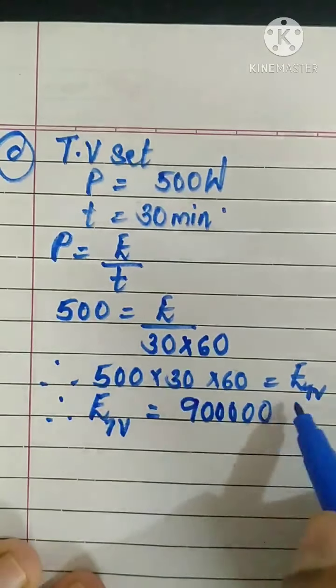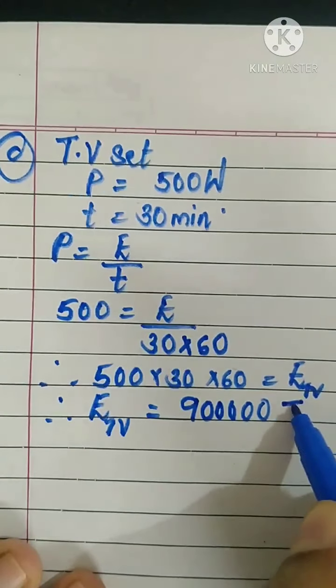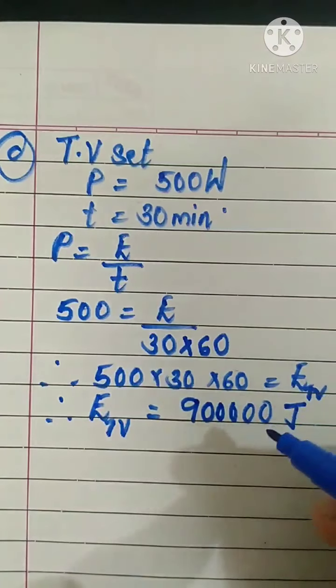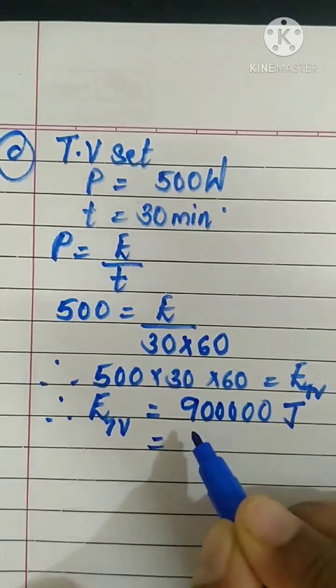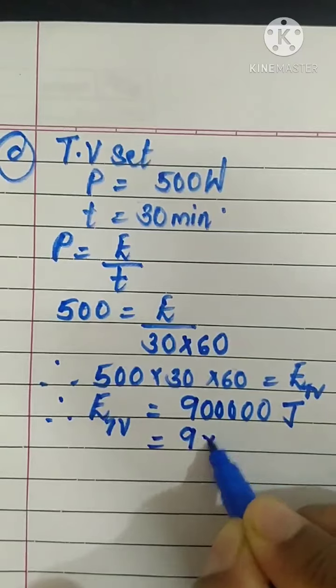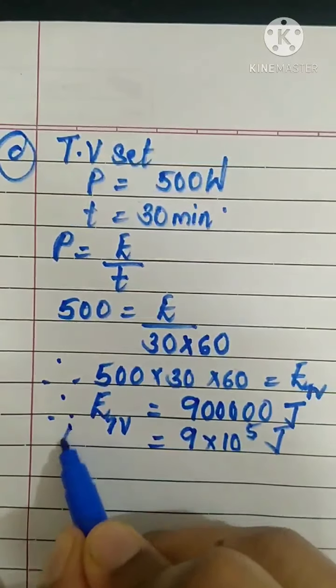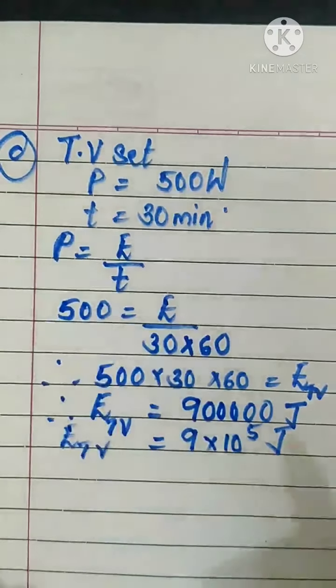What is this? Energy in joules, remember? So, such a big number, I don't like to write it this way. So I'll write it as 9 into 10 raised to 5 joules. Energy consumed by the TV set.